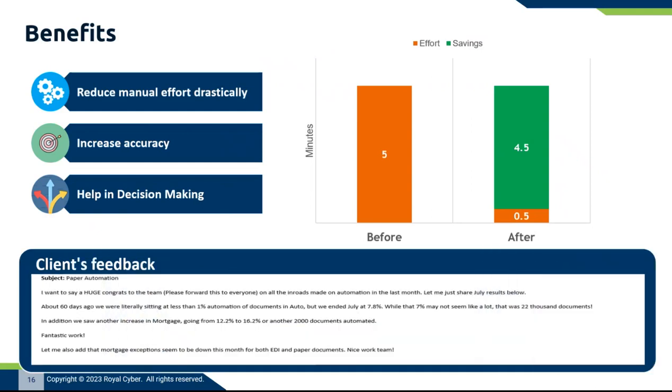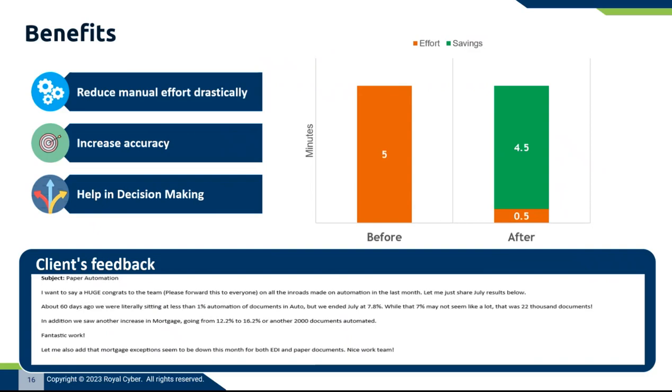So within 5 months, their automation rate has gone from 0% to 9%, which is like 22,000 documents per month being automatically classified for them. And this percentage is not for one document type, it is for the entire system. 9% of the entire system doesn't look like much, but it is a lot for them, and they are very happy about it. This is one of the testimonies they have shared with us.